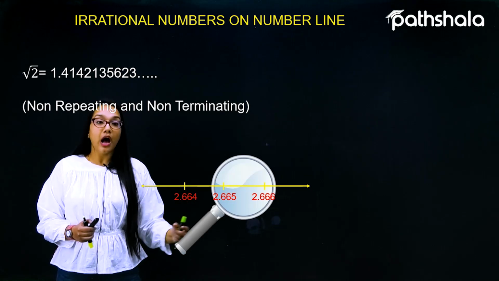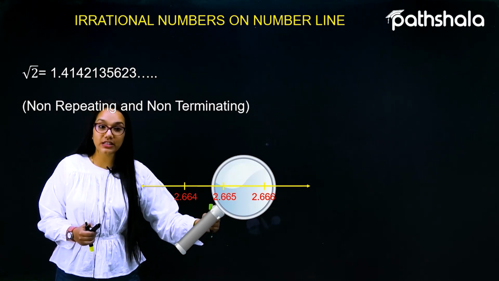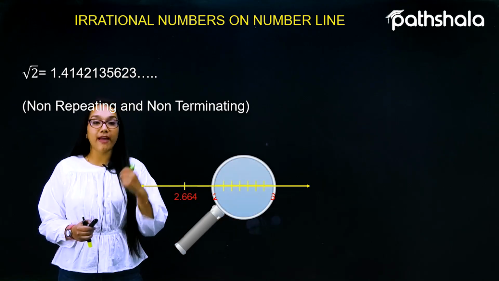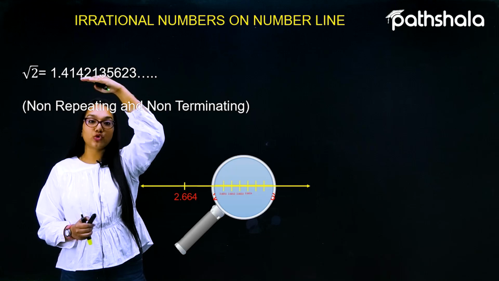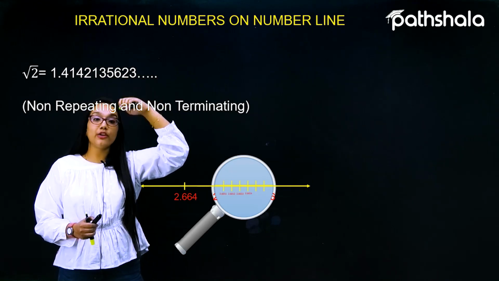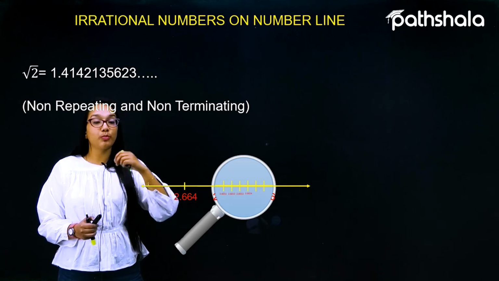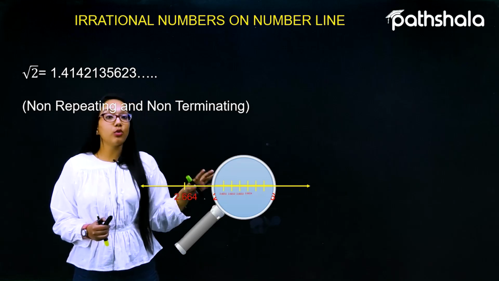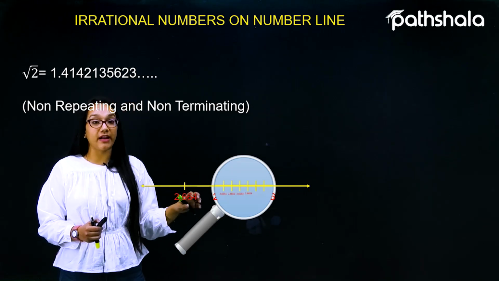As we know, in between any two numbers there are infinitely many irrational numbers. So after magnifying 2.665 and 2.666, we have to find the particular values which are non-repeating and non-terminating. It is kind of an impossible task for us to plot such numbers on the number line without the help of magnifying it.